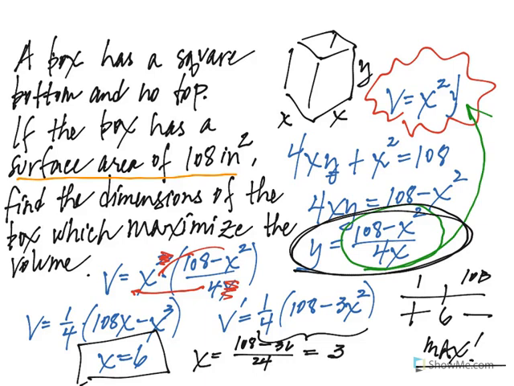Y is equal to 3. So it is a 3 by 3 by 6 box. That is wrong, wrong, wrong, wrong. It is a 6 by 6 by 3 box. Because x is 6, y is 3.